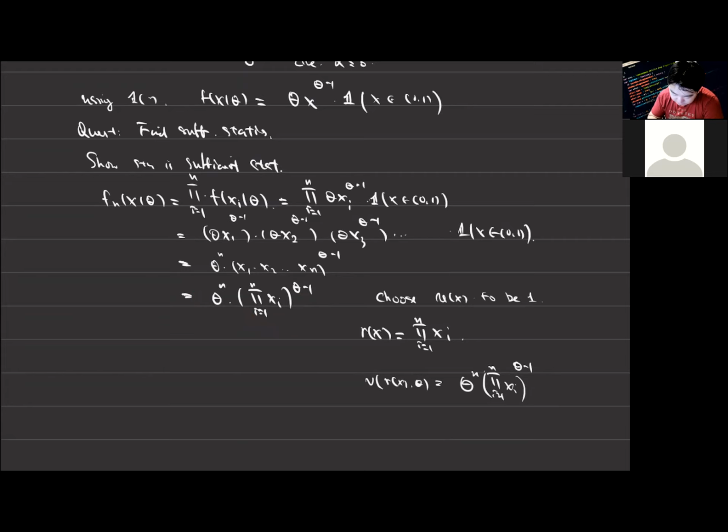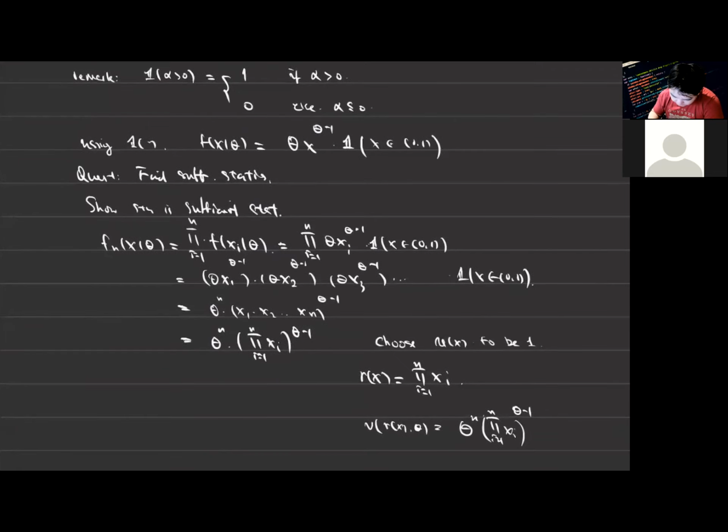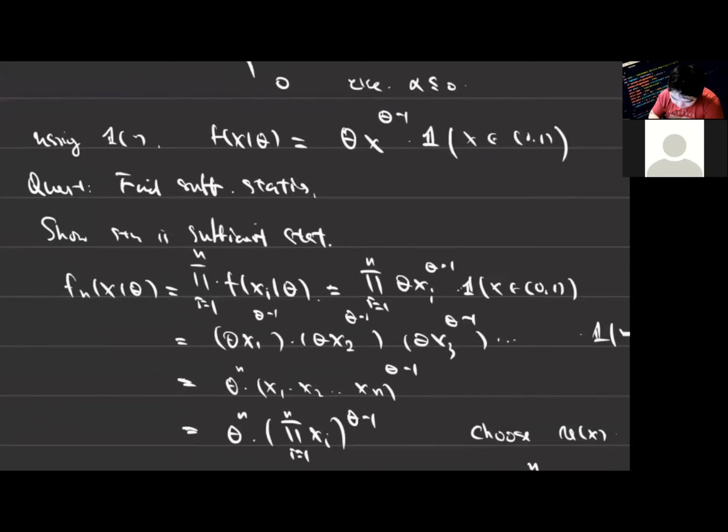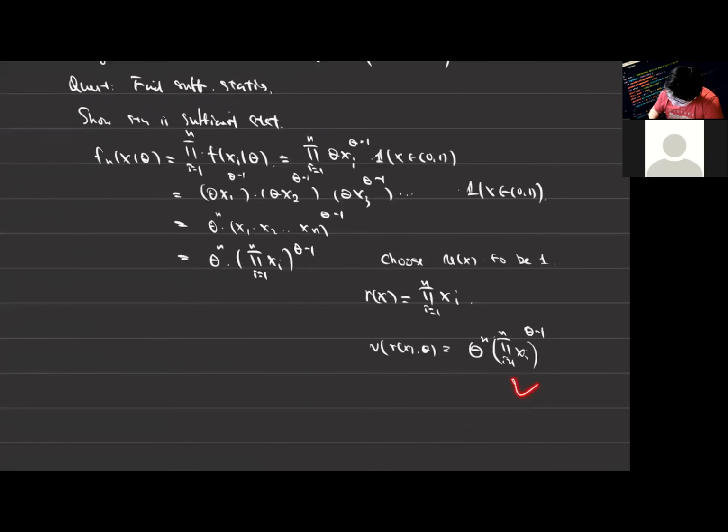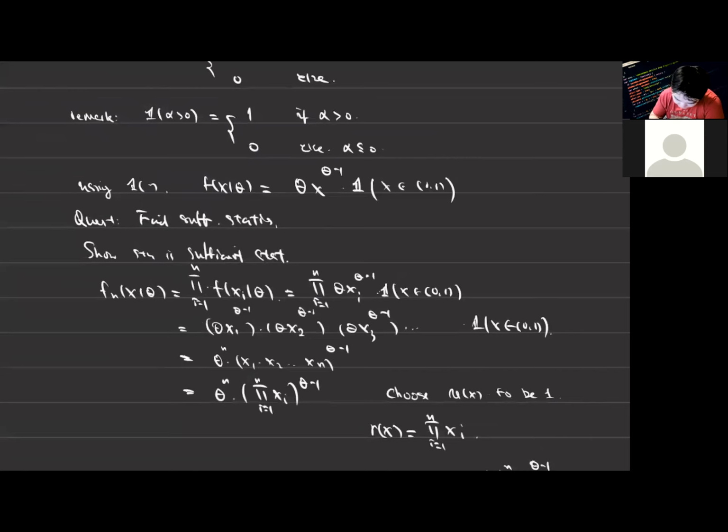Once again, the idea is if I can write my joint likelihood function in this way, broken apart into all these pieces, then this r of x is the sufficient statistics. So once you have this answer, you can come back up and say, show this product of xi is essentially your sufficient statistics.